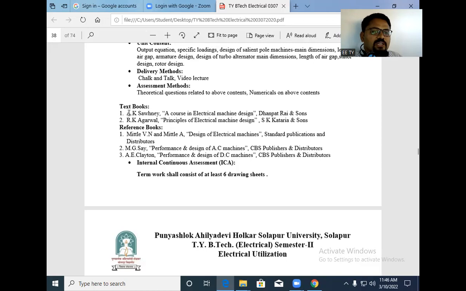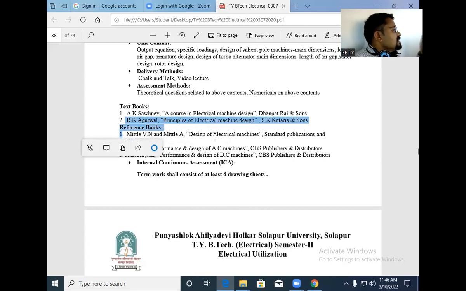As far as these two books are concerned, whenever you are going for theory, this A.K. Sawhney is good for understanding the theory behind the design. That means if you want the theory of design, then this book is good. But as far as problems are concerned, this book is very nice, that is R.K. Agarwal. And as far as the final MCQs are concerned, R.K. Agarwal has a lot of MCQs at the back of that book.